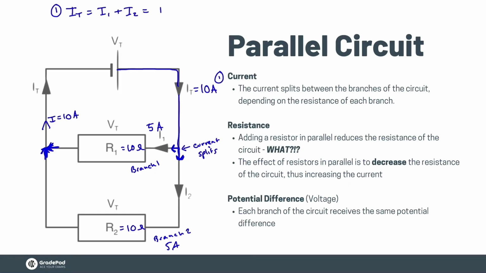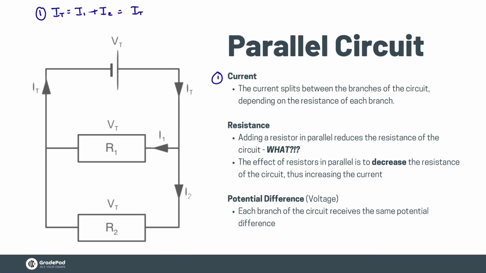And it goes back to being the total current again. So this is IT as it leaves the cell. That's I1 and I2 in the branches. And this is IT as it goes back to the cell, or supply, whatever we're using there.